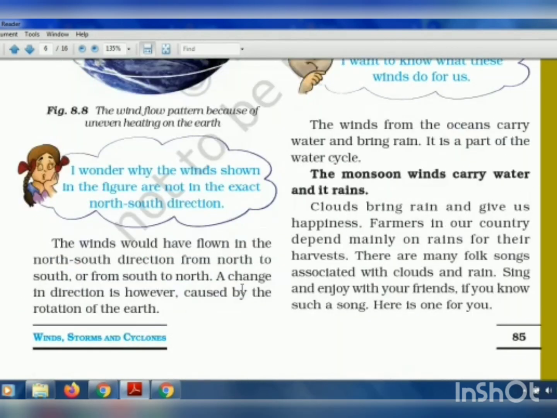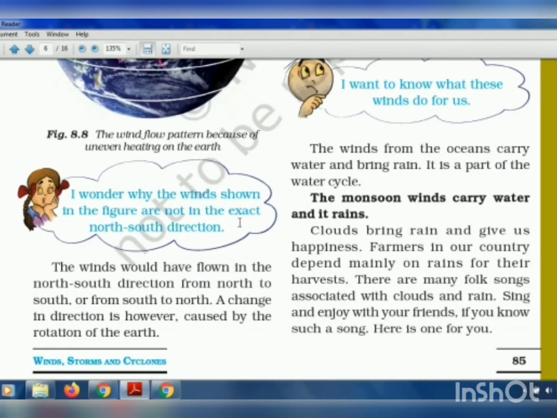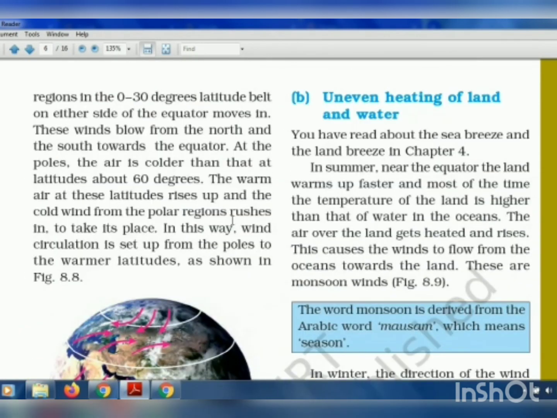So first we studied the heating on the equator and the poles. Similarly, the next is the heating on the land and water, which we already studied in chapter 4. Then we studied the land breeze and sea breeze. We saw that in the daytime the land gets heated up very fast, but water takes some time to get heated up.